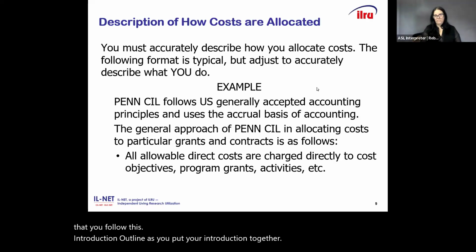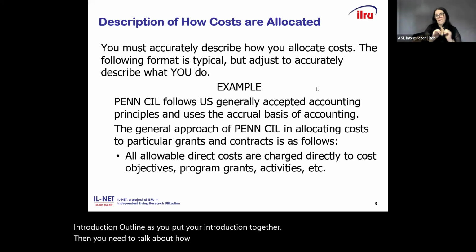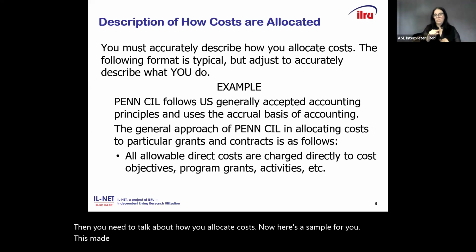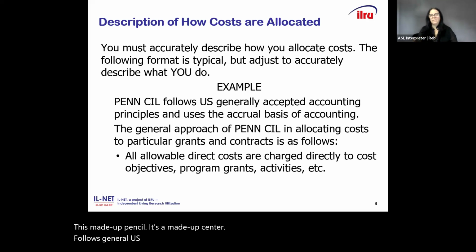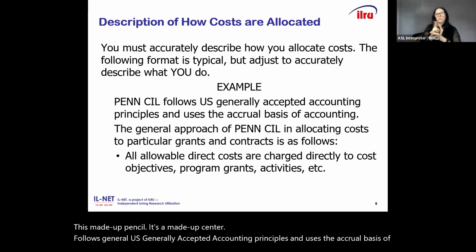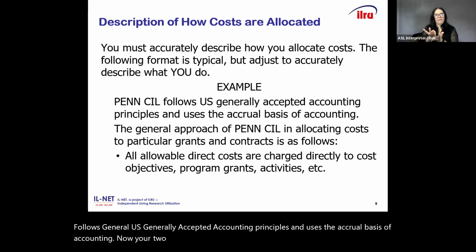Then you need to talk about how you allocate costs. Now, here's a sample for you. This made up Penn CIL, it's a made up center, follows U.S. generally accepted accounting principles and uses the accrual basis of accounting. Now, your two options there are accrual or cash, and you all should know that.